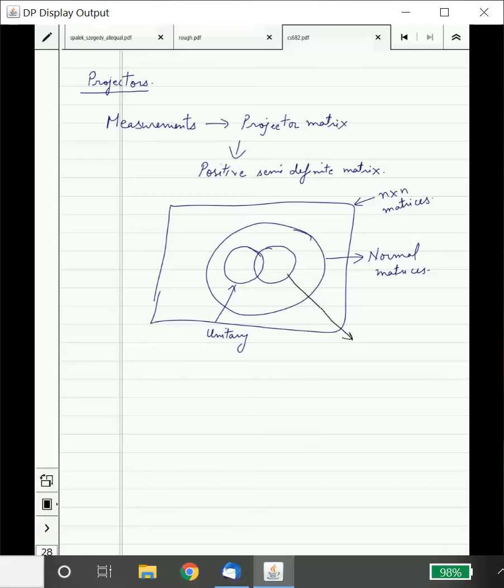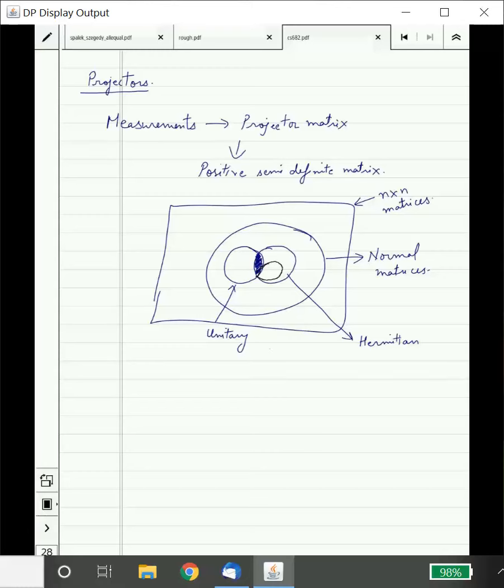There is an overlap between these two. I will let you figure out what this overlap is. How can you characterize these matrices? On the other hand, we also saw matrices which were positive semi-definite.